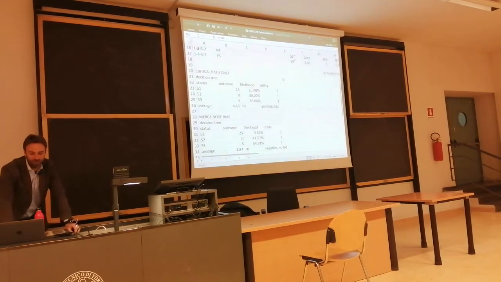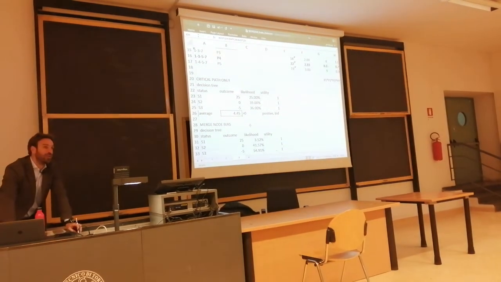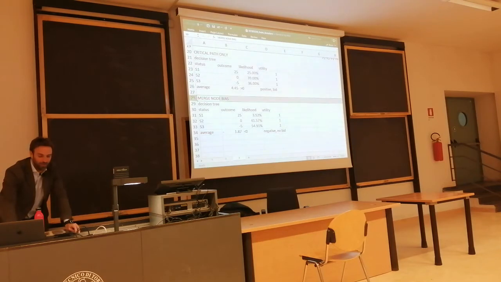So that's 64%, so the remaining 39% is the chance to finish between 20 and 23. If this is the case, you would rather bid the project. But the right solution was with the merge node.